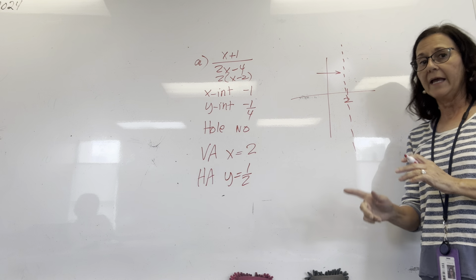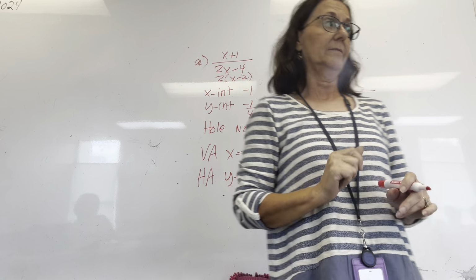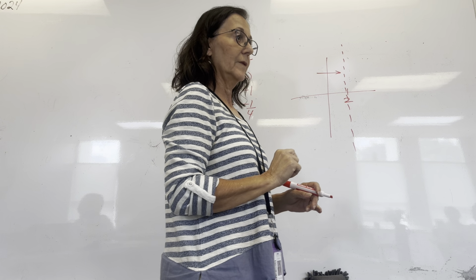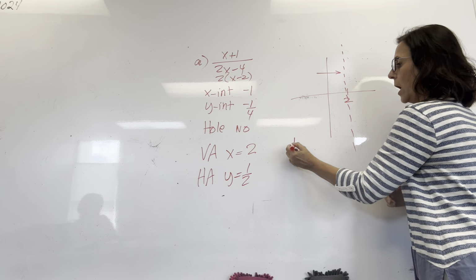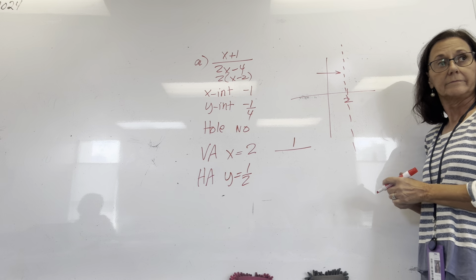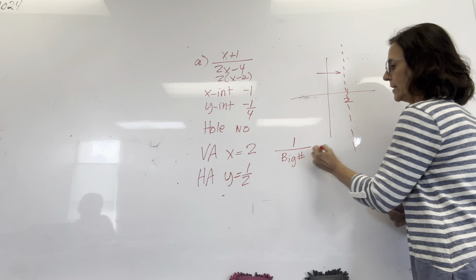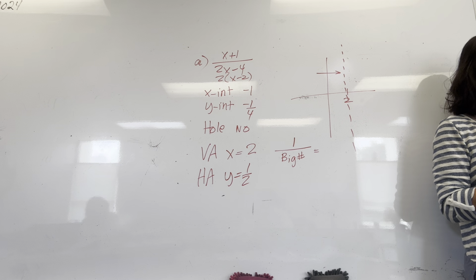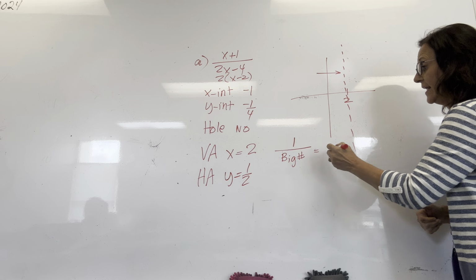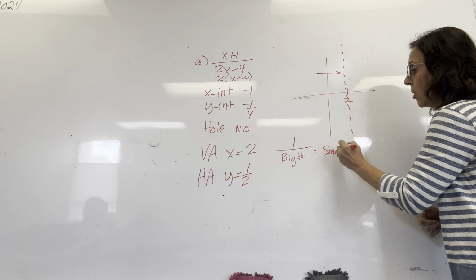It's called the big little concept. 1 over a very big number, what does it equal? A very small number.